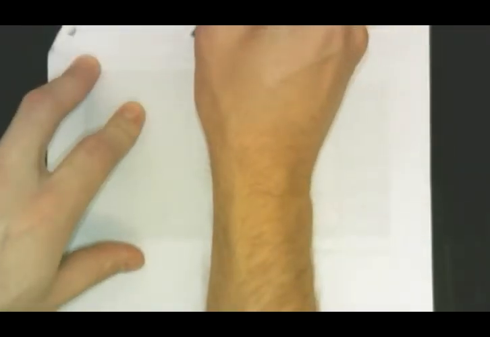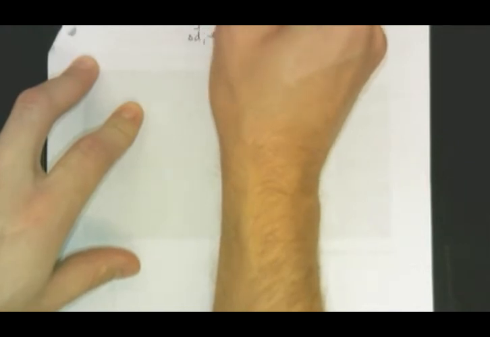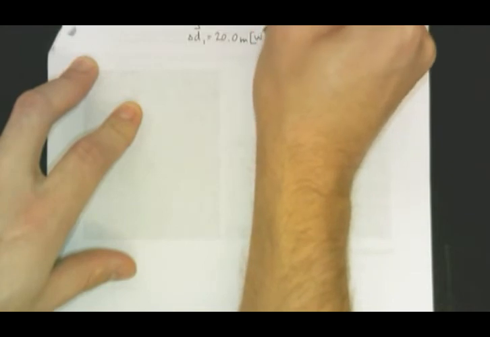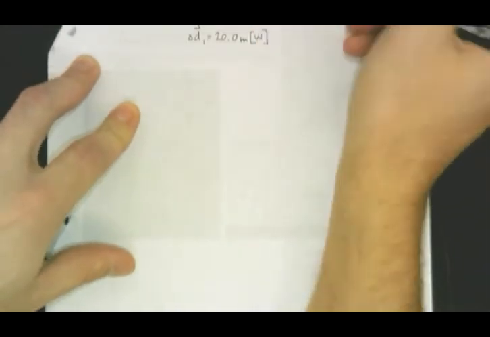So in sample problem number 3, we have a cat walking 20 meters west, and then walking a further 10 meters, 40 degrees east of south. And we want to find the total displacement.